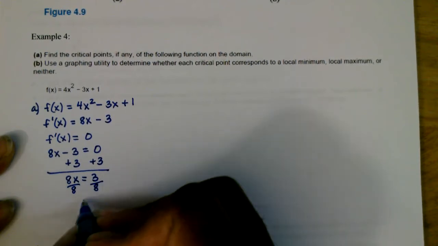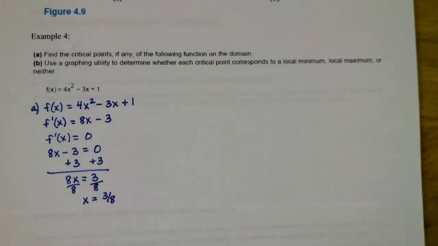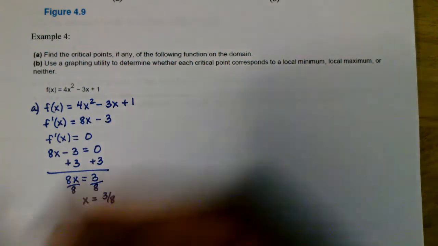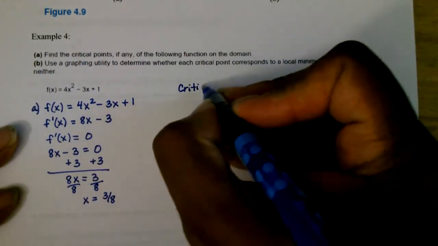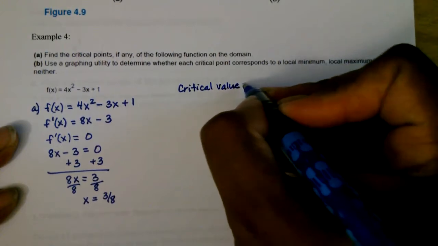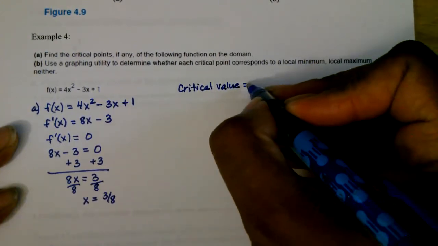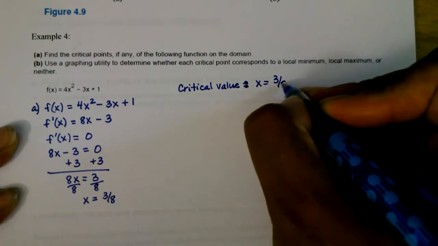Divide both sides by 8. x is equal to 3/8. So x is equal to 3/8 is going to be that critical value. I think in the homework, they just want the critical value. So that critical value would just be x is equal to 3/8.